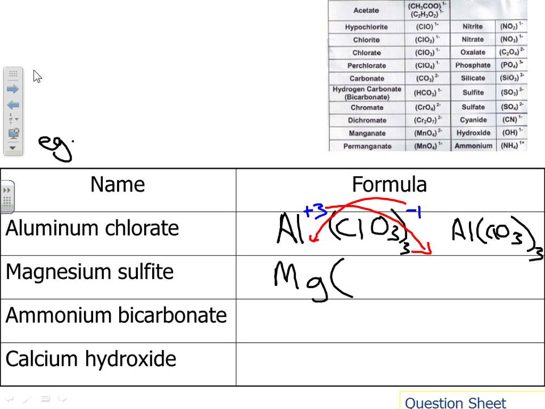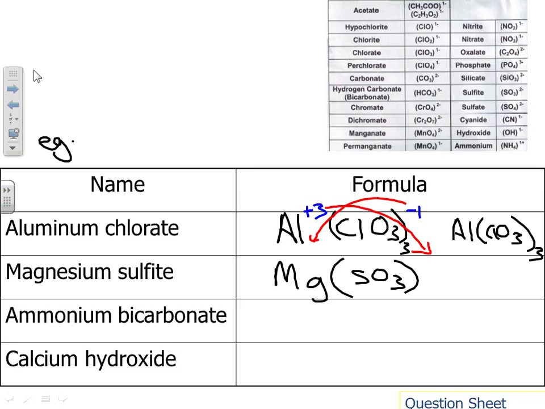Sulfite is right there. SO3. What's the charge on a magnesium? 2. What's the charge on the sulfite? 2. So when we cross over the 2's, what do we do in the end with those 2 2's? You cancel them out. That's it.